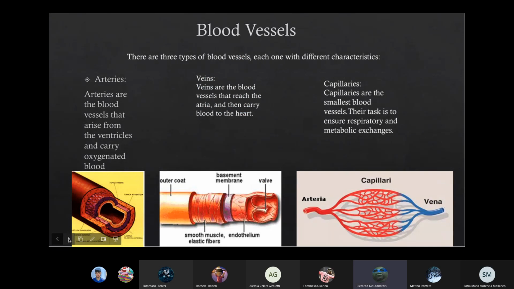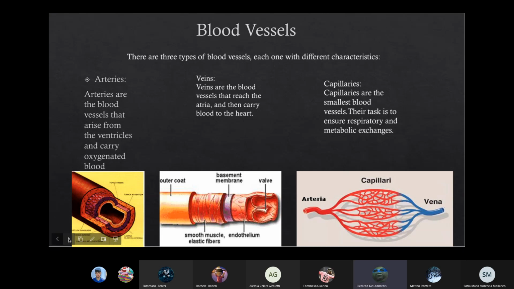There are 3 types of blood vessels, and each one has a different characteristic. The arteries are the blood vessels that arise from the ventricles and carry oxygenated blood, except for the pulmonary arteries.